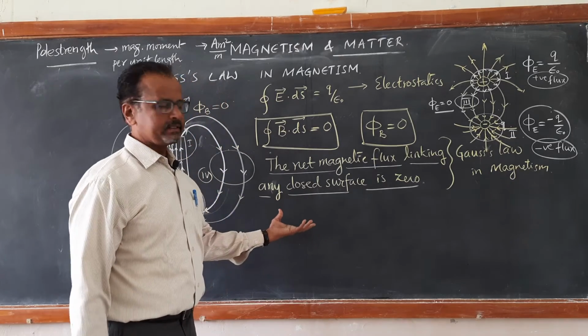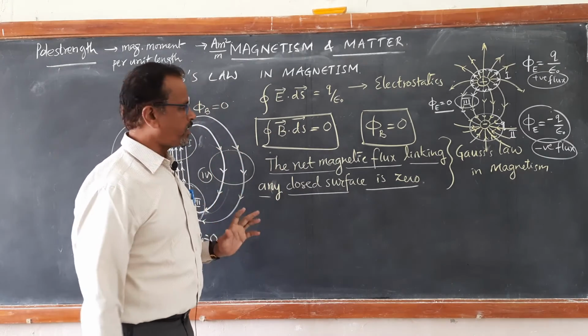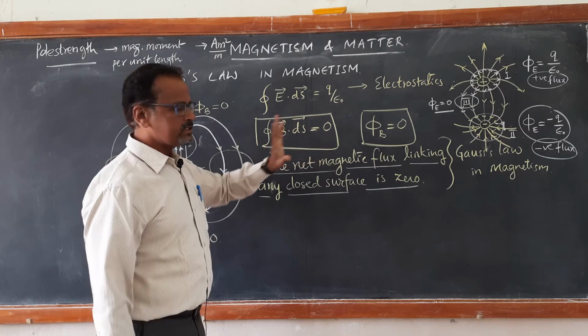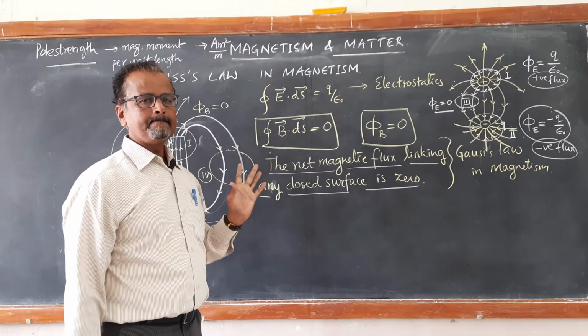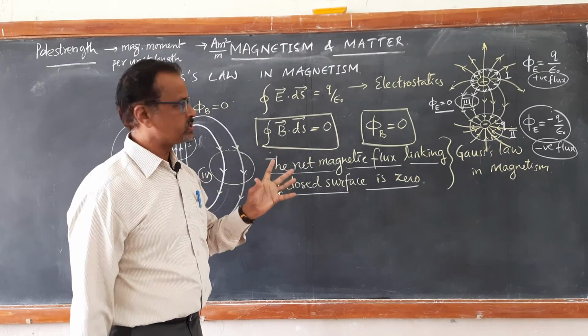This important statement, that the net magnetic flux linking any closed surface is 0, which is the Gauss law statement in magnetism, implies a very important point: there is no isolated magnetic charge.